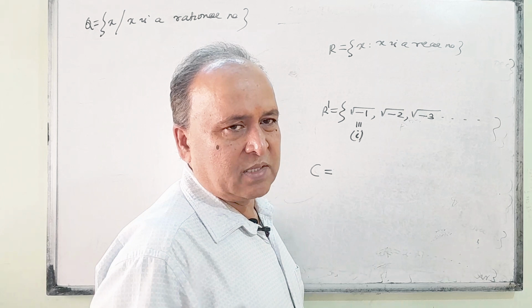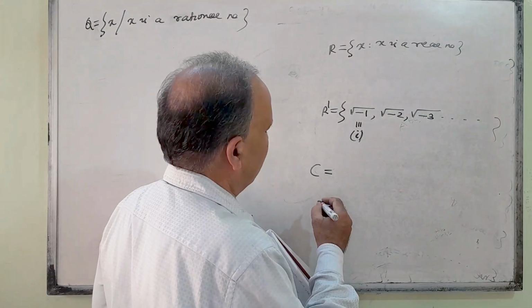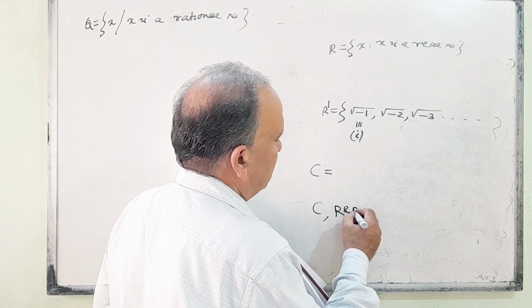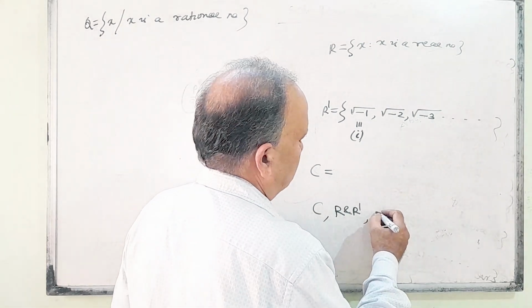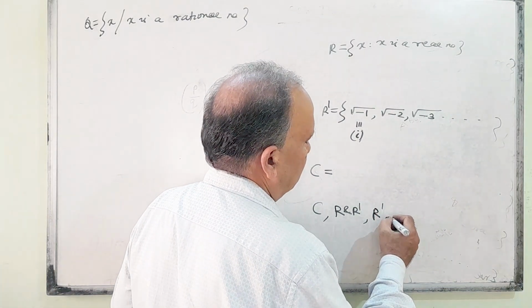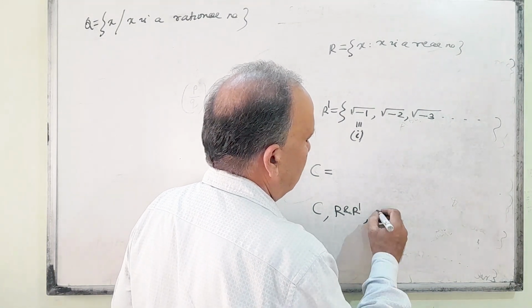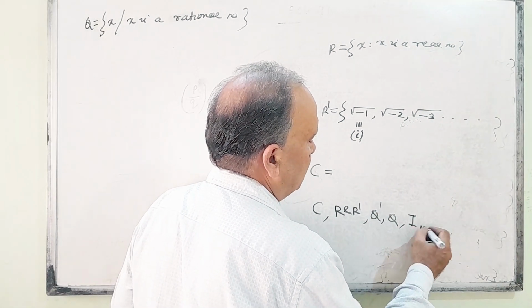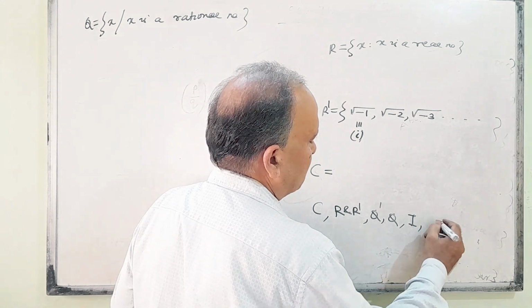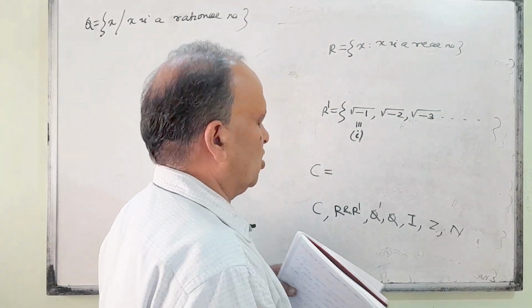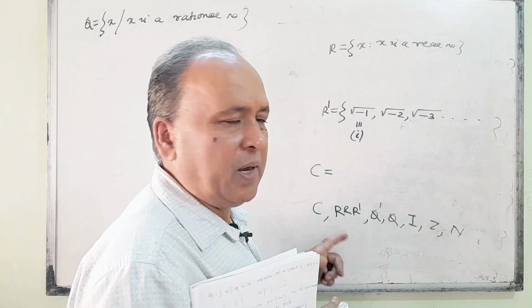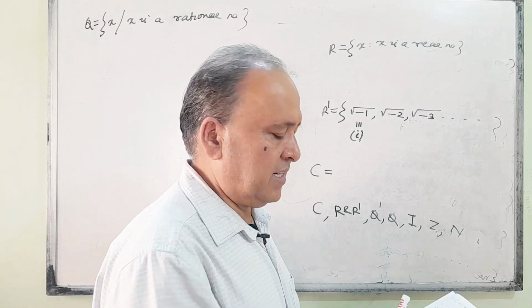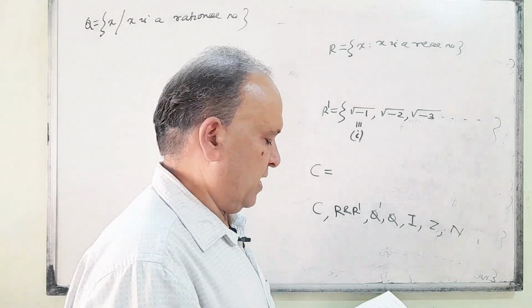So the biggest set is the complex numbers, then come real numbers and imaginary numbers, then irrational numbers, then rational numbers, then integers, whole numbers, and natural numbers. So from natural numbers to complex numbers, all these are infinite sets.